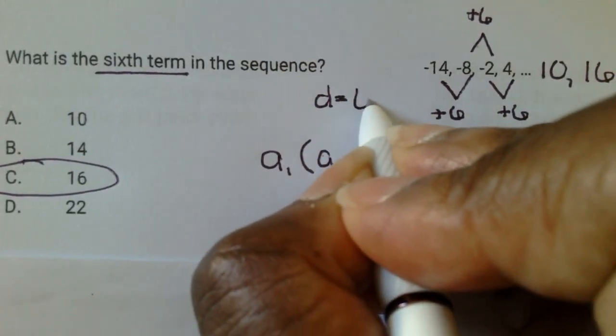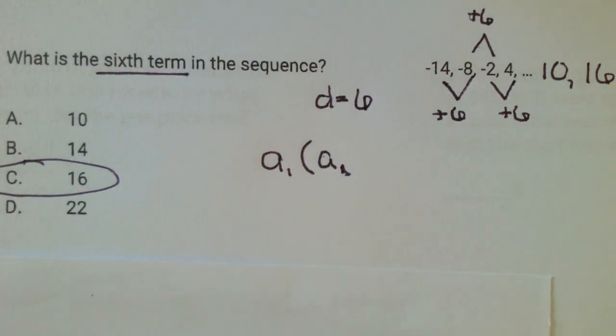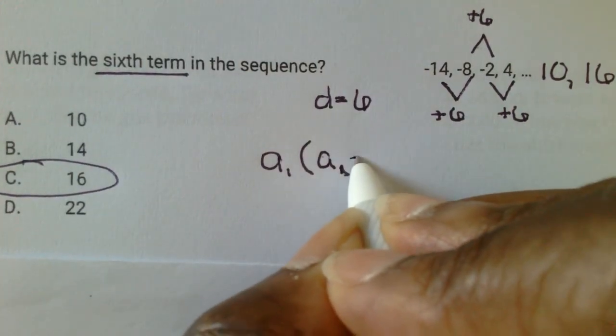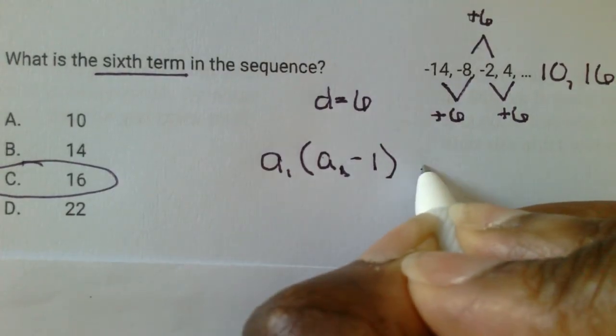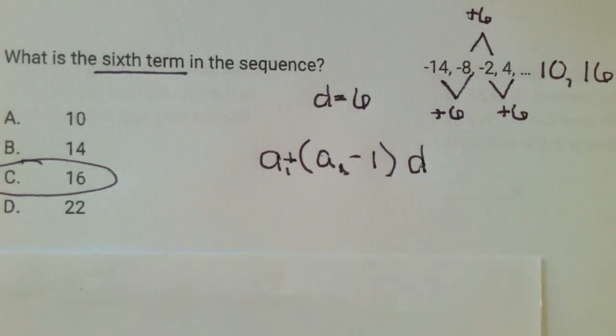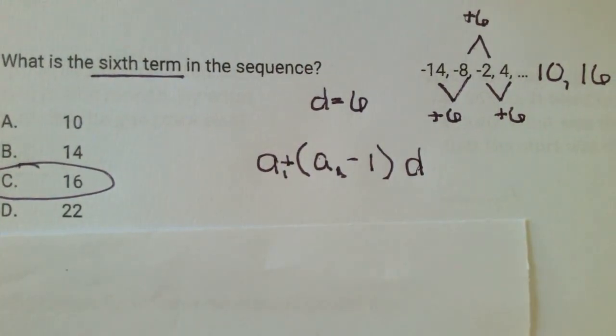This is an arithmetic sequence, so we are looking at adding. I think it was this minus 1, times our D, but I'm going to check on that because it's been a minute since I did arithmetic sequences.